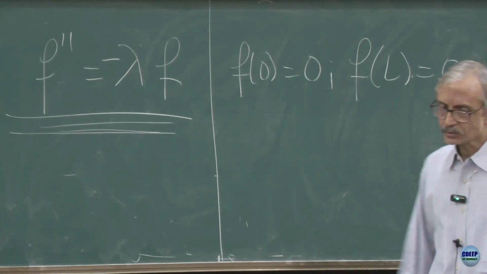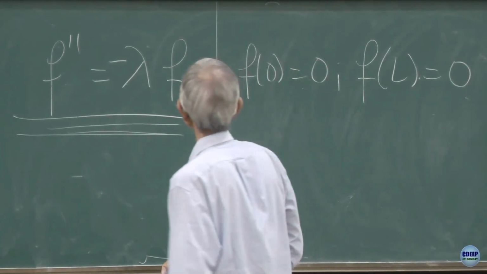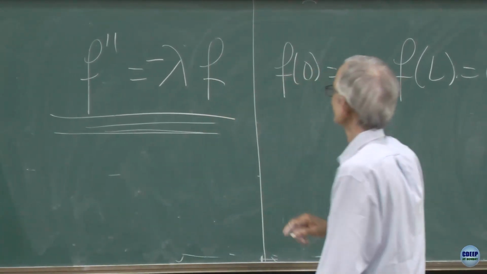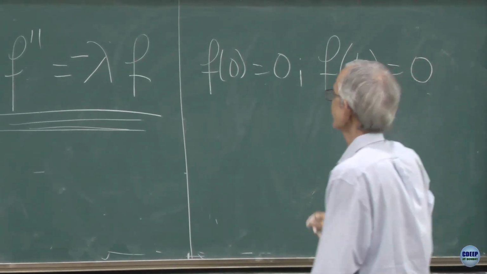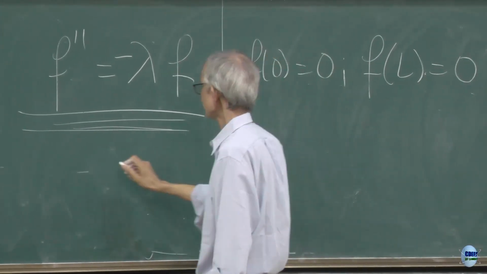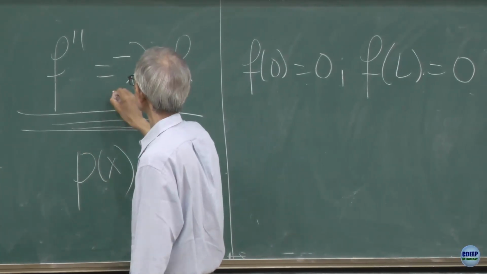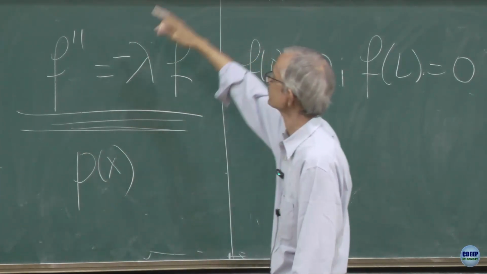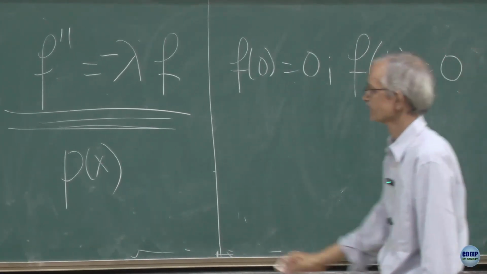Okay, so f double prime is equal to minus lambda f, and the first example that we saw was f(0) equal to 0 and f(L) equal to 0. You compare this now with the standard Sturm-Liouville system, which is written up there: d/dx of p d/dx. What is p(x)? Suppose I would like to see whether this is amenable to that. What is p?